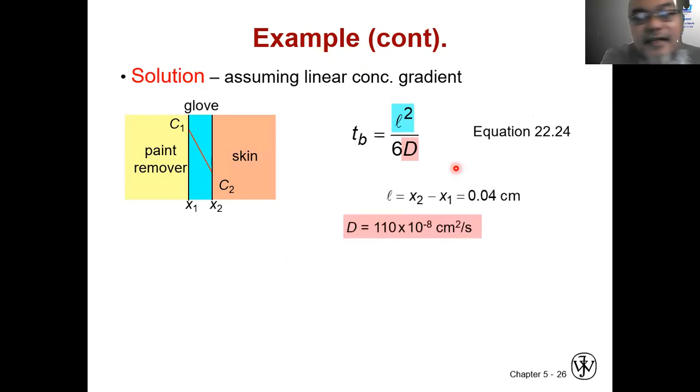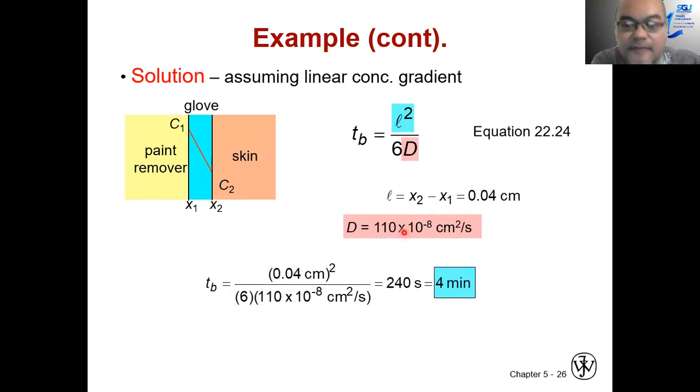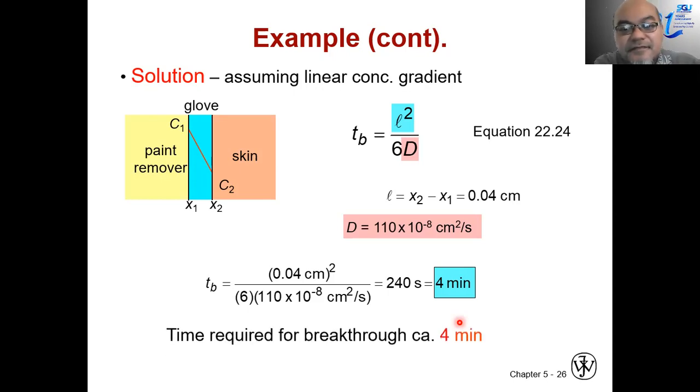L is 0.04 centimeter, 0.4 millimeter, and D is known. So the time required to reach the skin is 0.04 centimeter squared divided by 6 times 110 times 10 to the power minus 8 square centimeter per second. So it's quite quick. The time required for breakthrough is about 4 minutes.